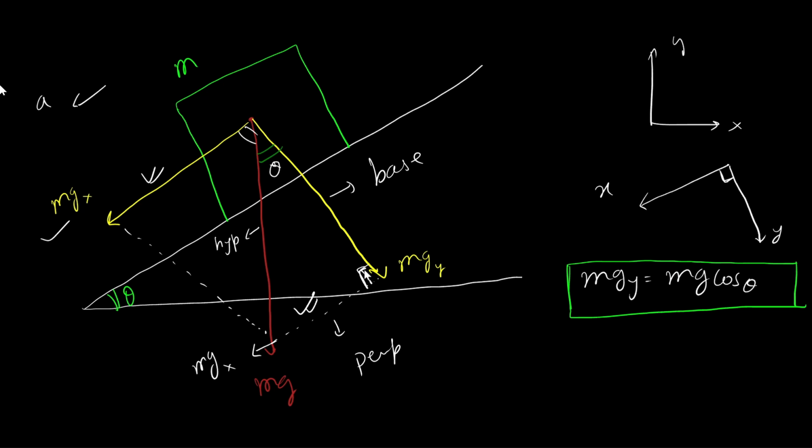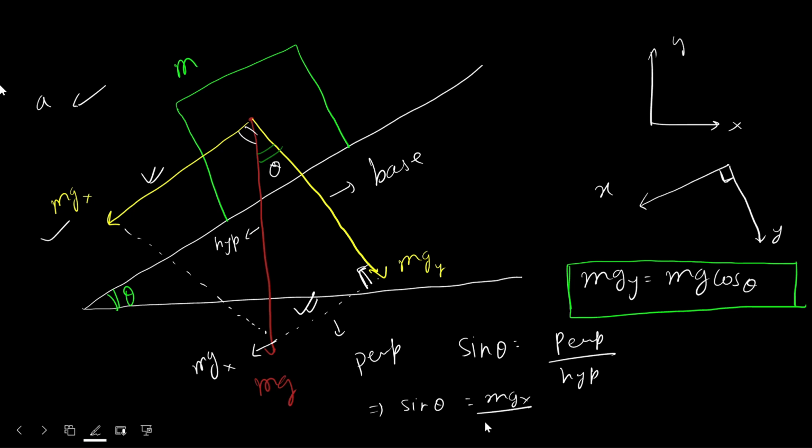Like, if we have this as the perpendicular, then we can see that mgx lies on the perpendicular, right? So I'm going to use sine theta as the formula. Sine theta is going to be perpendicular upon hypotenuse. This implies, in this case, sine theta just becomes mgx upon the hypotenuse mg. This implies mgx is equal to mg sine theta.